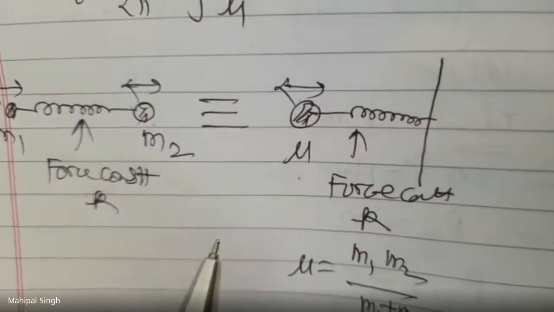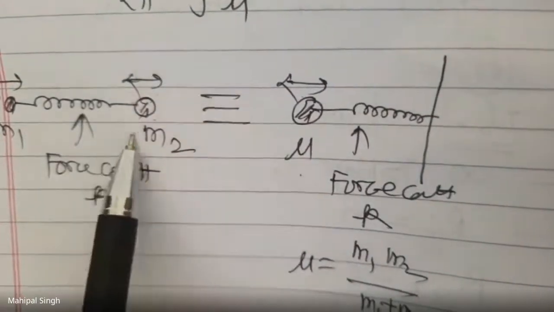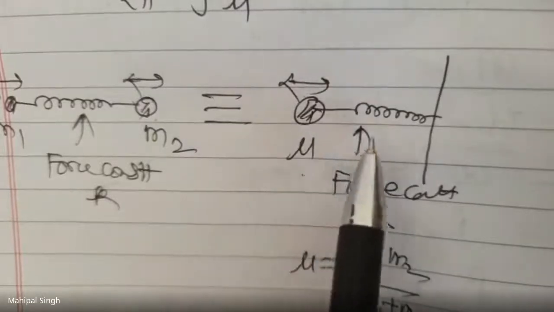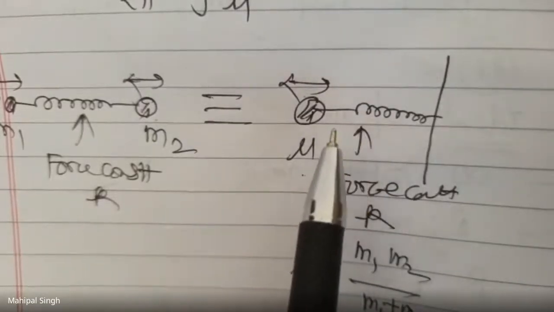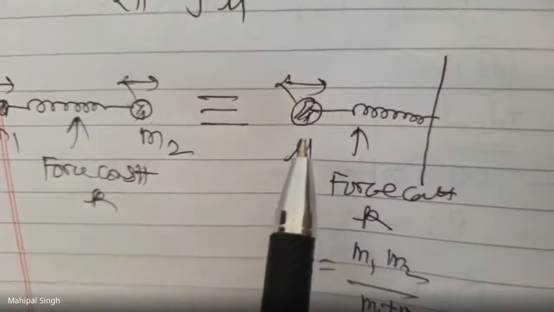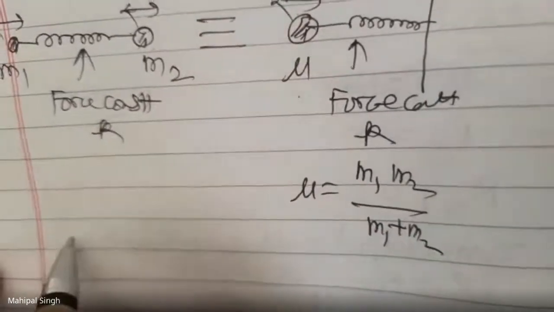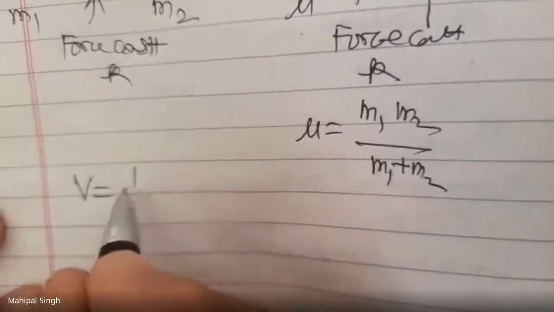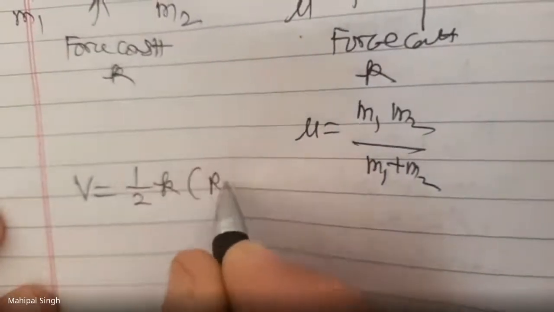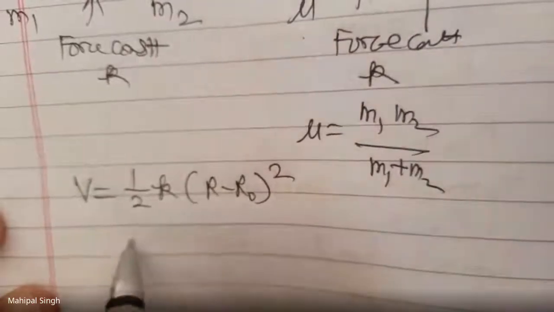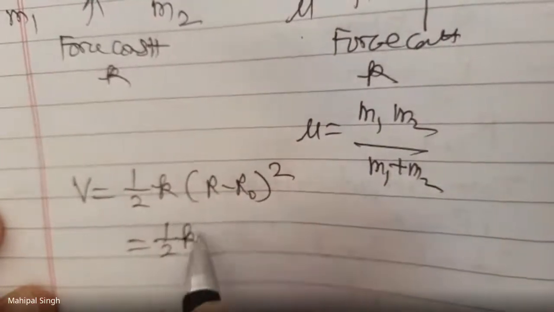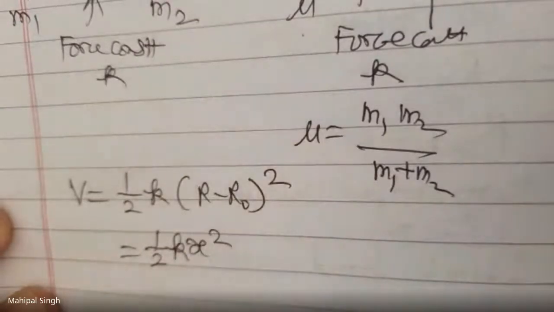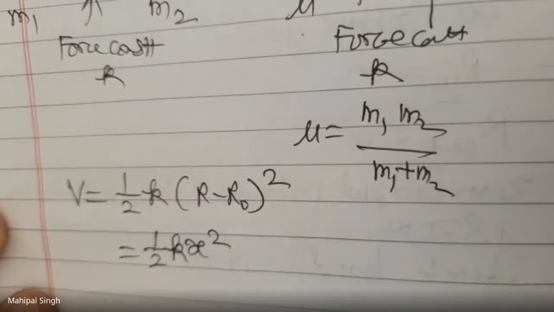Now thus the molecule can be treated as a simple harmonic oscillator. The potential energy function under whose influence the nuclei vibrate is then parabolic and of the form given by V equal to 1 by 2 k (r minus r naught) whole square, or equal to 1 by 2 k x square, where x equal to r minus r naught, the elongation or compression or increment in the length.